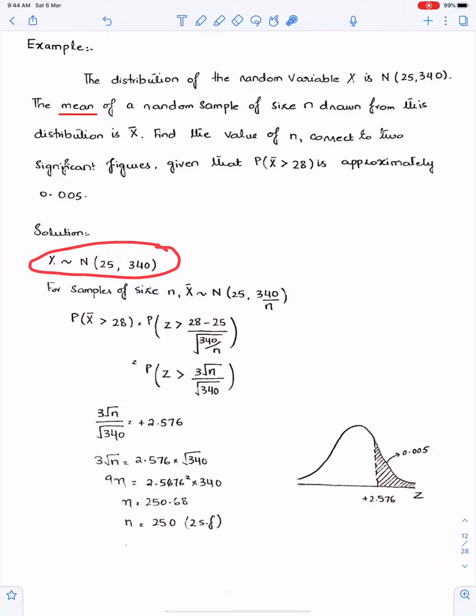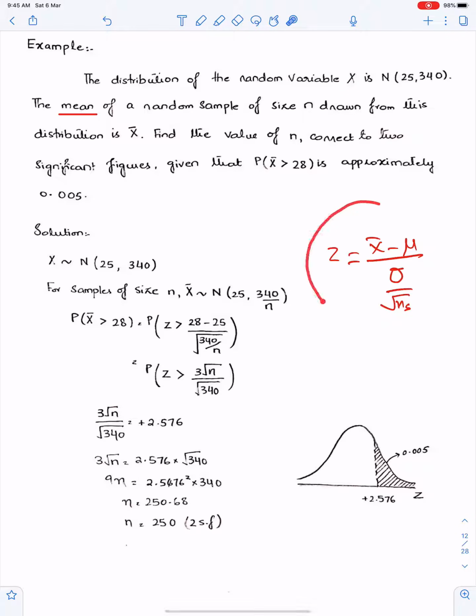Since x is normal and sigma square is known, therefore x bar will always be normal for any sample size. And this information is given, probability x bar greater than 28 is 0.005. So you need to use this information. This will be 28 minus mean. This is the formula of z: z is x bar minus mu over sigma over under root n.